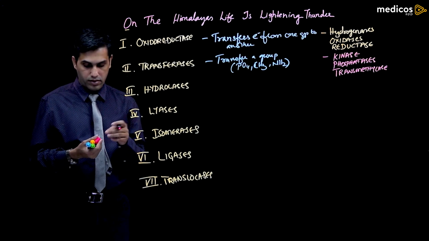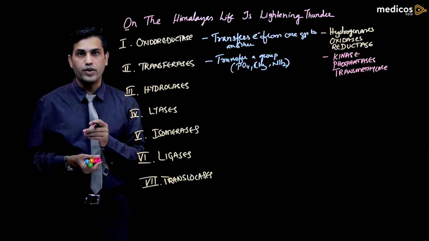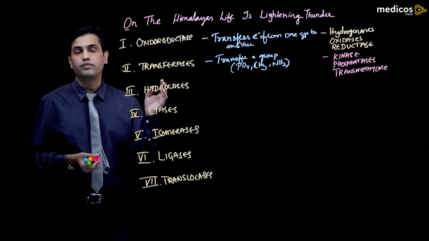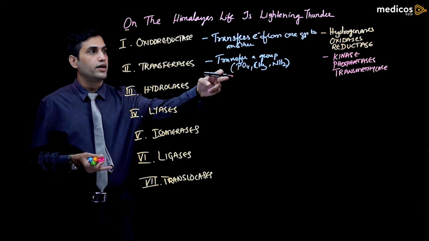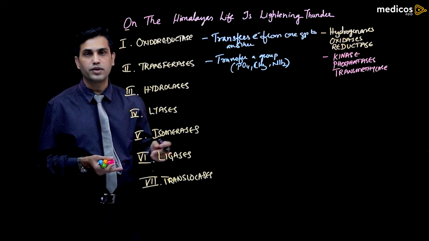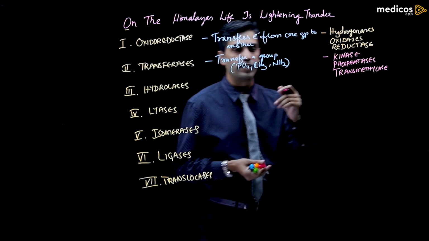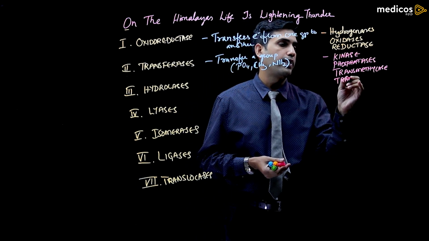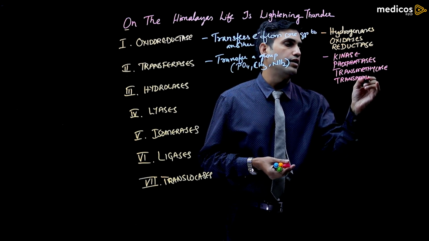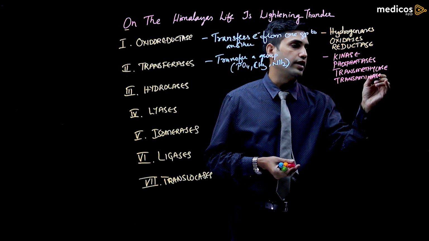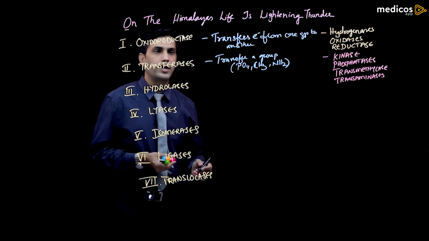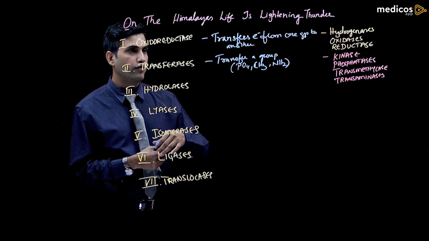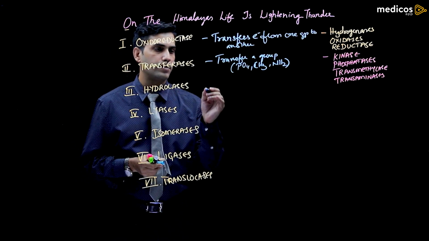PAPS is the sulfate donor. Okay. Will not deviate from here. Kinases, phosphatases, transmethylases, which always work with S-adenosyl methionine, and transaminases.